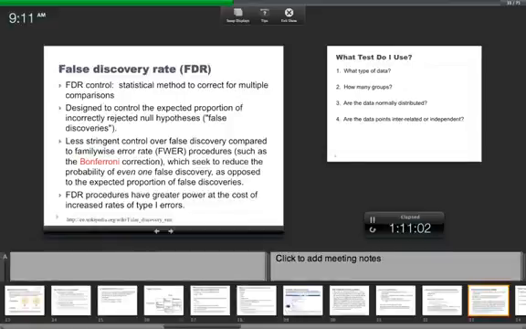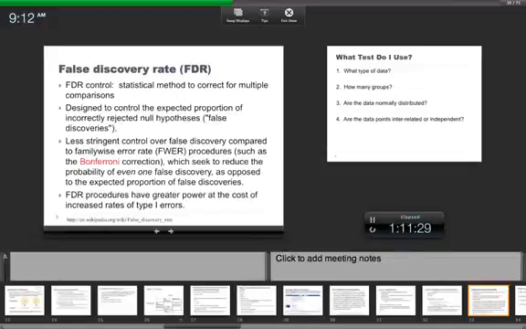So therefore, as opposed to the expected proportion of false discoveries, to increase the amount of information that we can dig out of the array experiments, we have to compromise to have a greater power at the cost of increased rate of type 1 error.